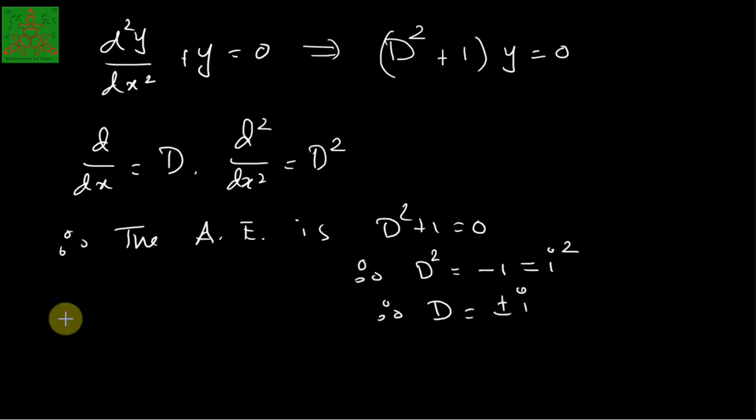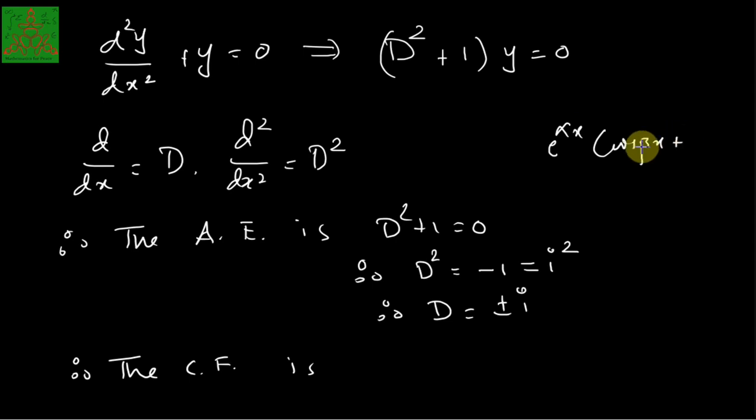So therefore the solution, or we can say the complementary function, which we can write in short form CF, is as per the rule e power alpha x (c1 cos beta x plus c2 sin beta x). So here alpha will be 0 and beta is 1 because it is of the form alpha plus i beta.